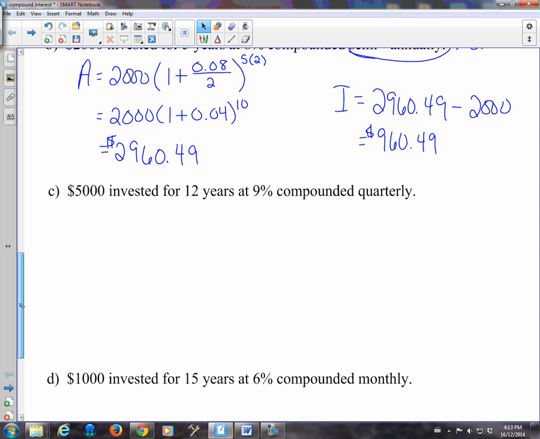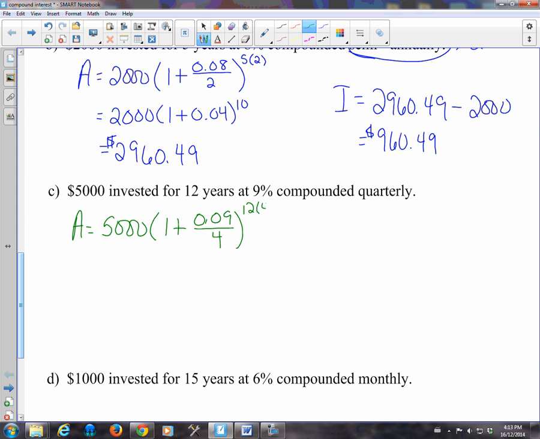Next one, 5,000 compounded quarterly at 9%. So the amount is our principal times 1 plus 0.09 divided by 4, and 12 times 4 to get my exponent. So 1 plus 0.09 divided by 4, 0.0225 to the 48. So I've got 5,000 times 1.0225 to the exponent 48.